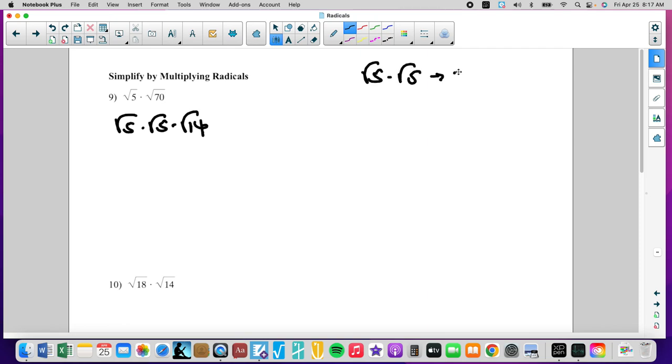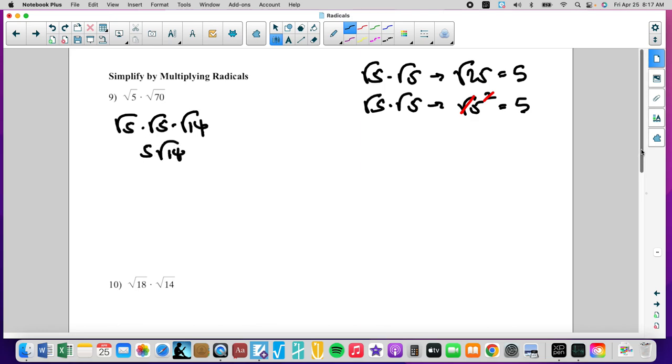We can see this as rad 25, which is a perfect square, or we can look at rad 5 times rad 5 as rad 5 squared, and that square will cancel with the square root, also leaving you with 5. So we like pairing, we like matching up because it will cancel the radical. And then rad 14 can't be simplified any further, so it becomes 5 rad 14.